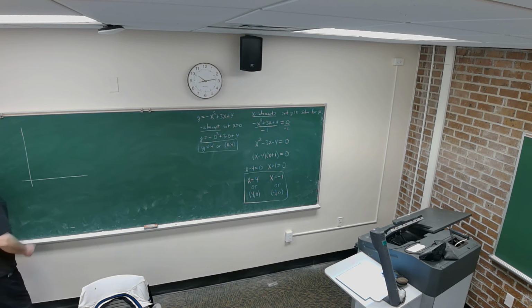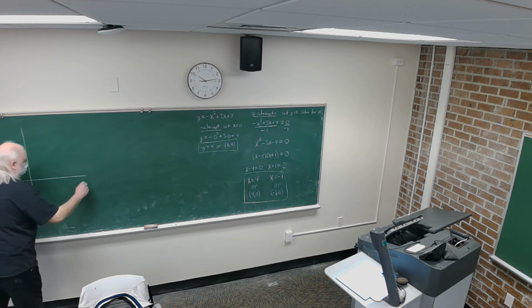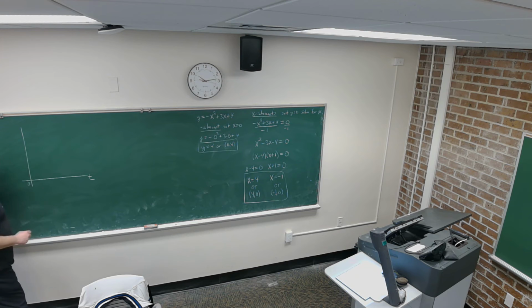The coordinate plane. Here's the origin. Okay. And instead of the x-axis, we have the t-axis, right? T is for time. And instead of the y-axis, we have the s-axis, right? The s is the height of the ball as a function of time.